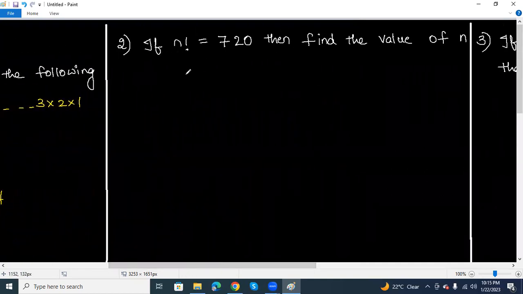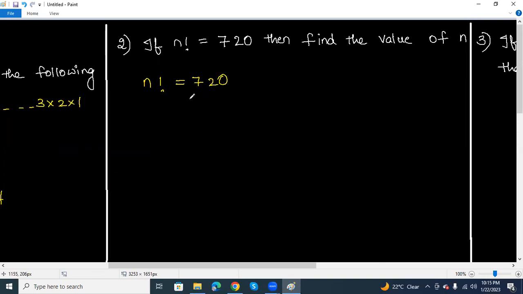Here is the second question. If n factorial is 720, then find the value of n. Sometimes the number is given and we need to find out which factorial it is. So n factorial is equal to 720. Okay.